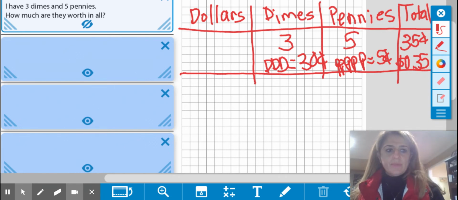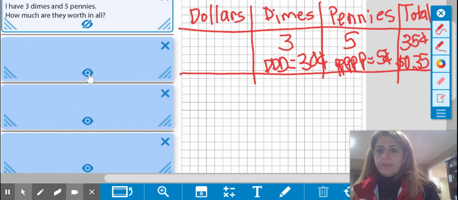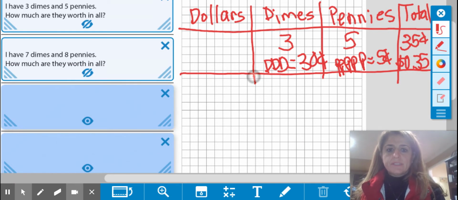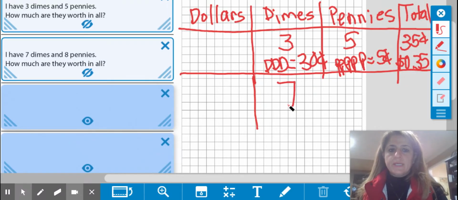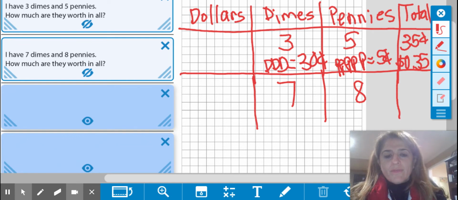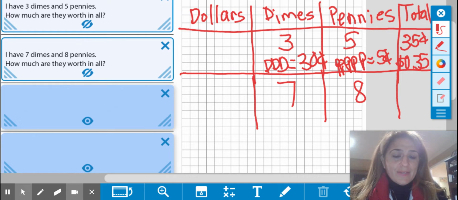The second problem now says that I have 7 dimes and 8 pennies. So you can extend your line a little bit. So if 3 dimes is 30, 7 dimes is 70, right?